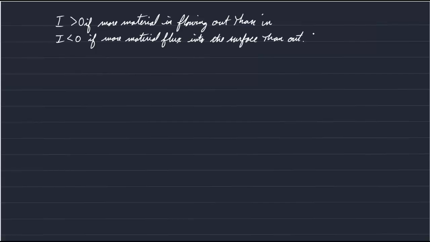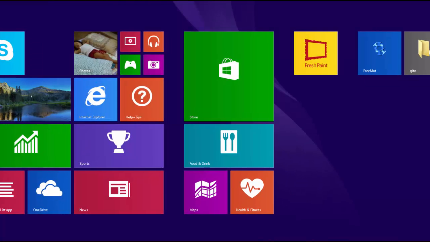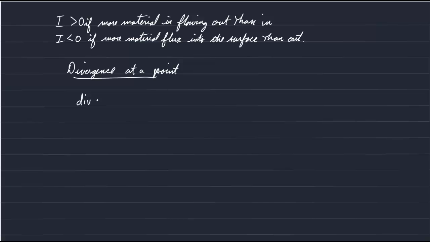And this gets us to divergence. Divergence is defined at a point. Divergence is a property of our vector field, and it's defined at point P, by the limit as B goes to 0 of our integral here.